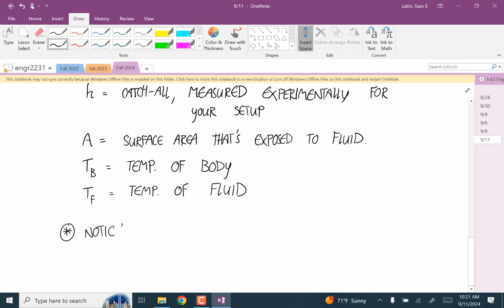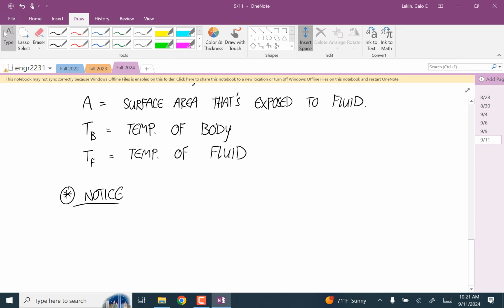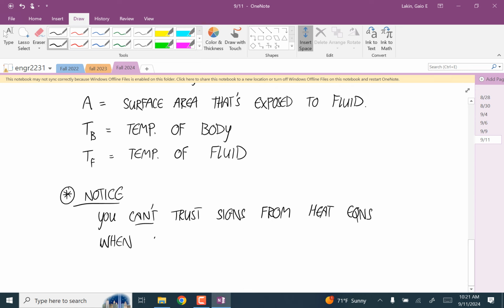And notice, you can't trust the signs from these heat equations when you're using them with the first law.